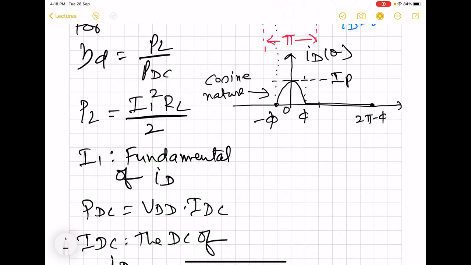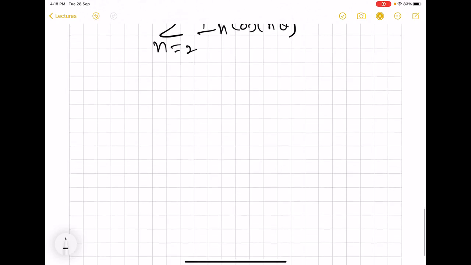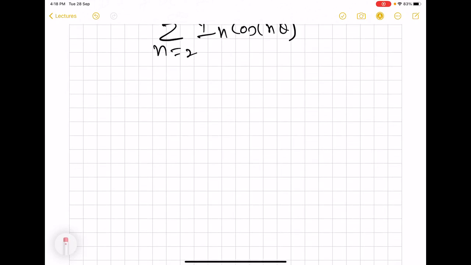And this will be true only if we are assuming the MOS to be linear, which we know will not be completely true when MOS is driven by a large input voltage. But we are going to carry out this analysis so that we arrive at a certain result. So this ID is assumed to be part of a cosine function.